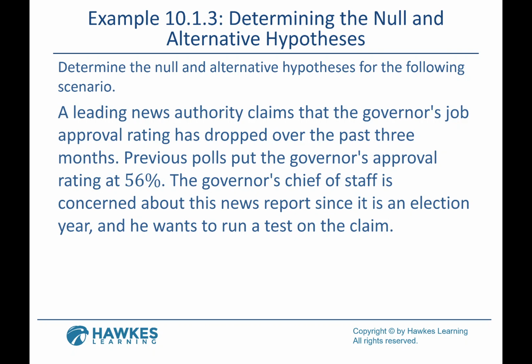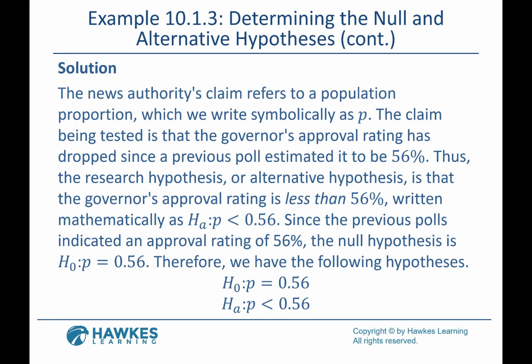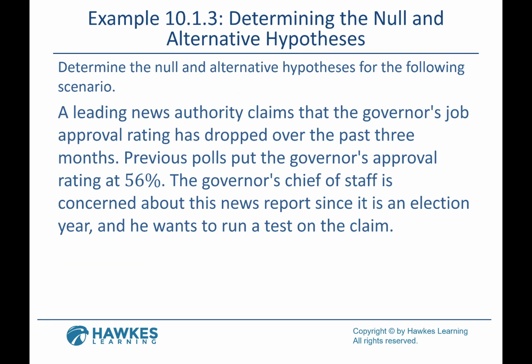So here our alternative hypothesis, and this time we're not dealing with mu, we're dealing with p for proportion. And we're saying that if it's dropped, that means that now it is less than 56%. So you can write it as a percentage. Sorry, it's so low on the board. You can just write it as 56%, and that works for the hypotheses.